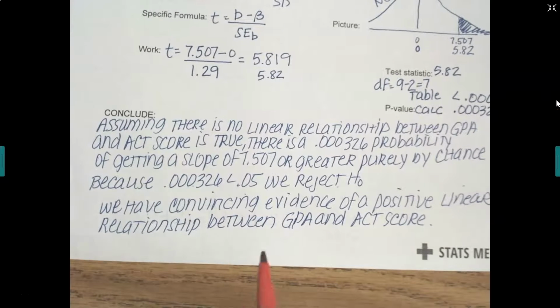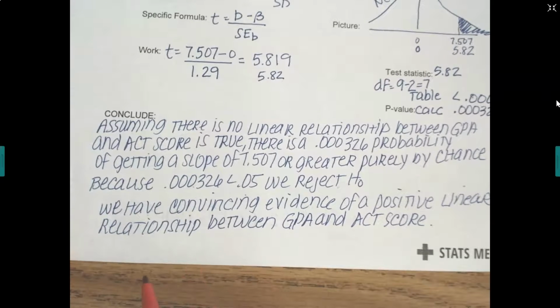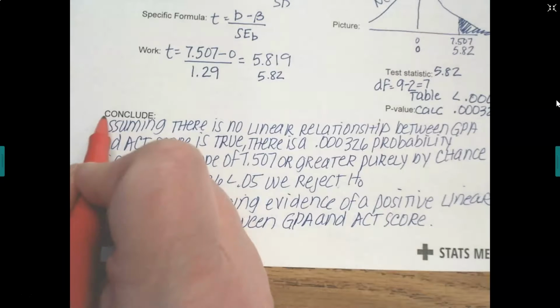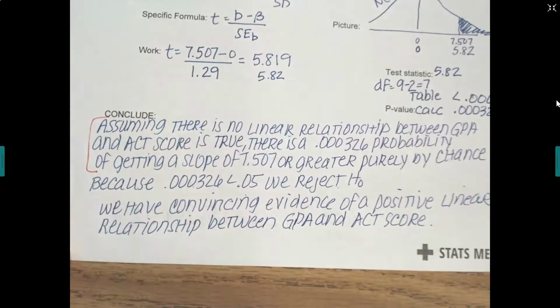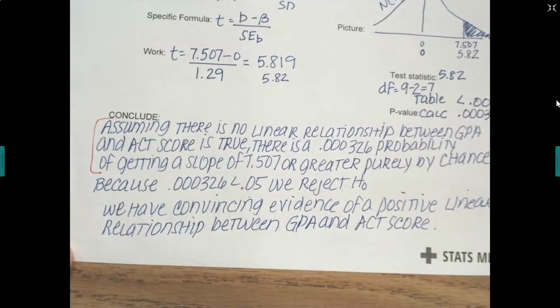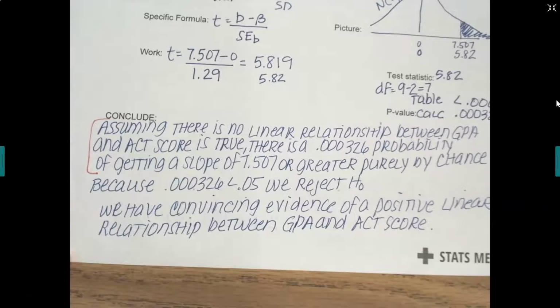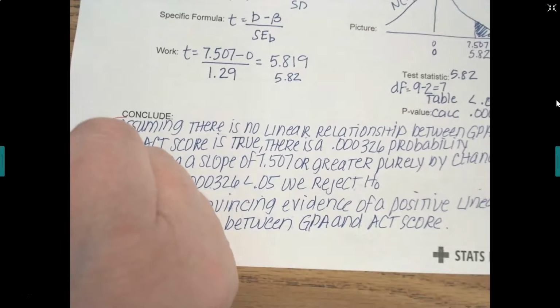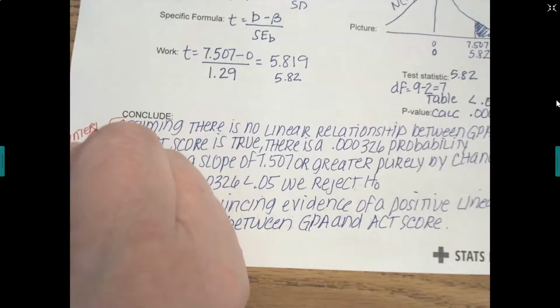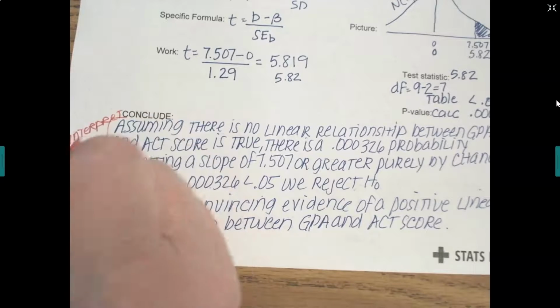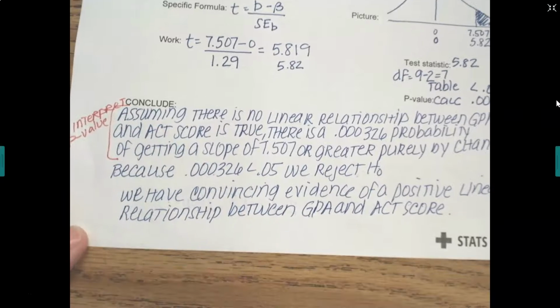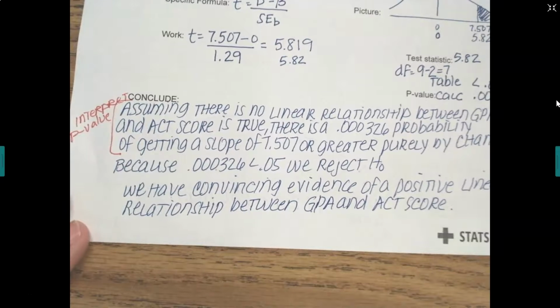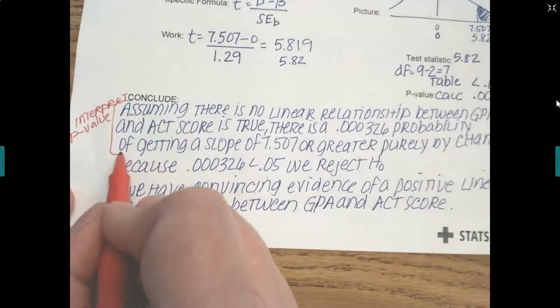So when we write our test conclusions, you need to have your 3 important parts. This whole beginning part, where we're assuming the null is true and talking about the probability of getting what you got purely by chance, is where we interpret the p-value. Then we need to make a decision about our null.